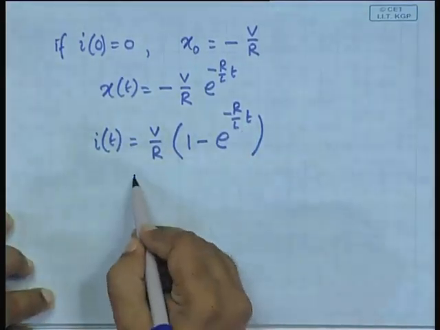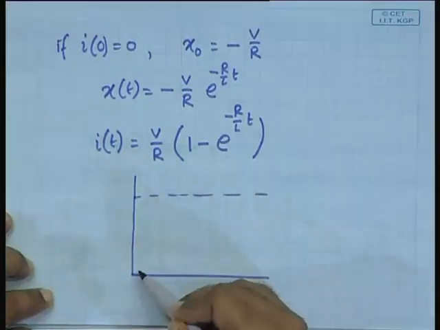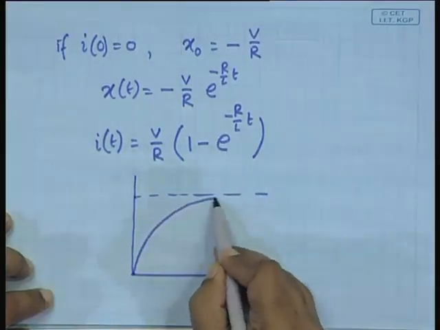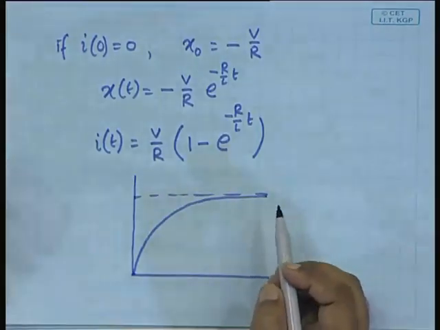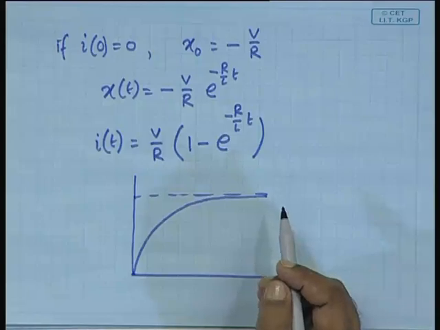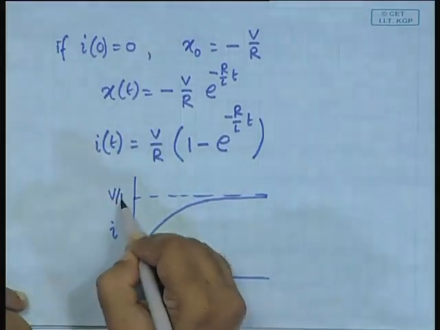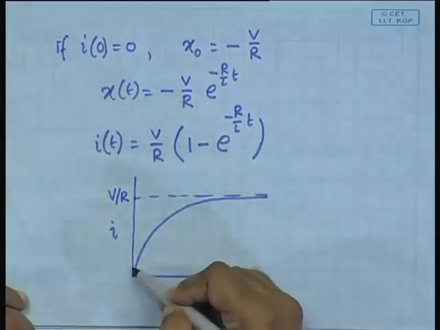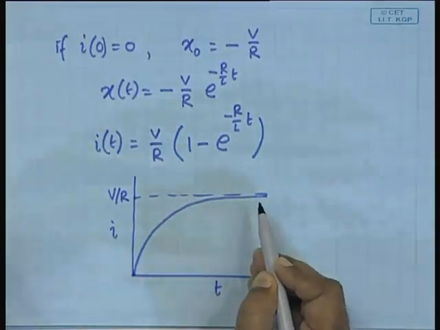So, it rises like this. Natural question is, how fast does it rise? So, here is t, here is I, here is v by r. So, it could be like this, it could be like that. So, how fast does it rise?